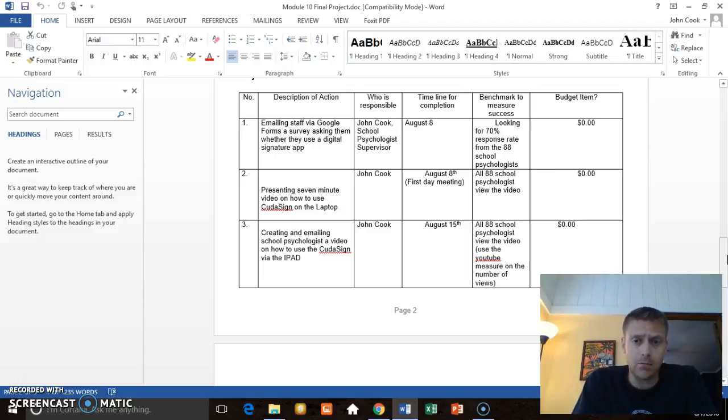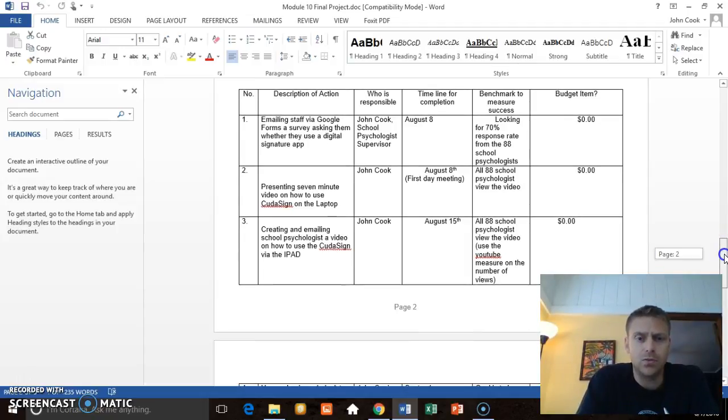Factoring in the cost of $1 a month for KudaSign, to break even I need to save over $1,056, which means I need to save 165,000 pages in order to save on the cost of paper.